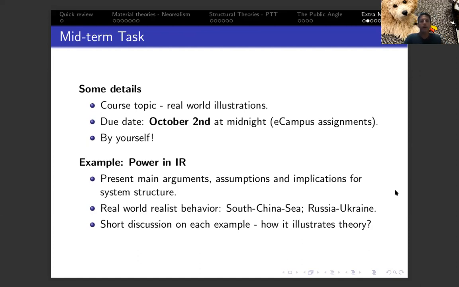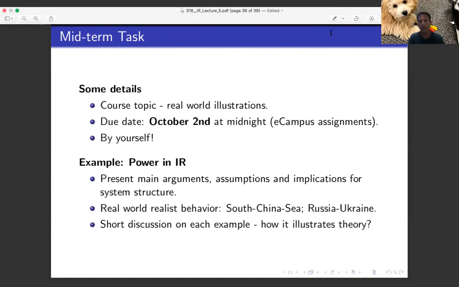And then I will go around the internet, look for a real world example, whether it is from the last couple of years, whether it is 10 years back, for how states engage in types of actions that fit with the realist point of view, especially focusing on power.